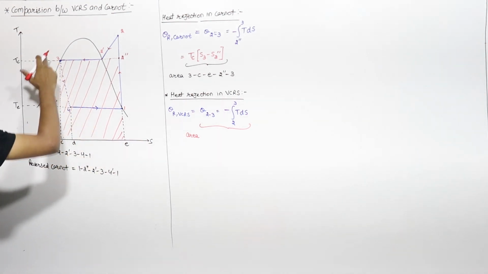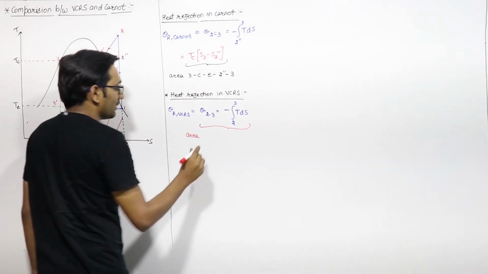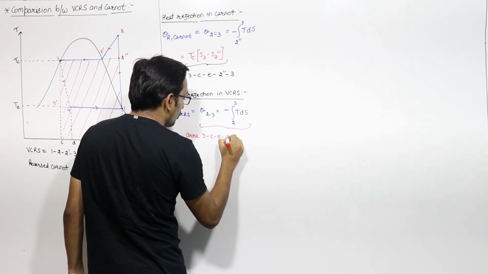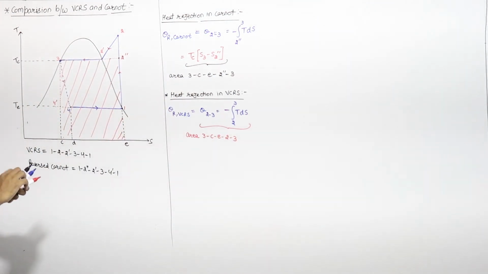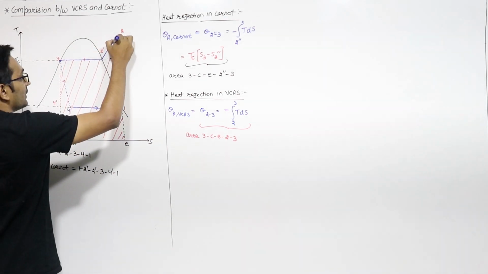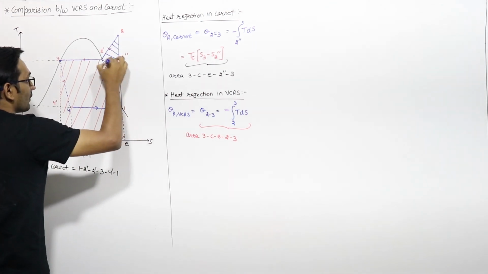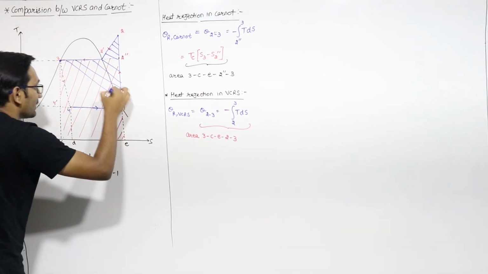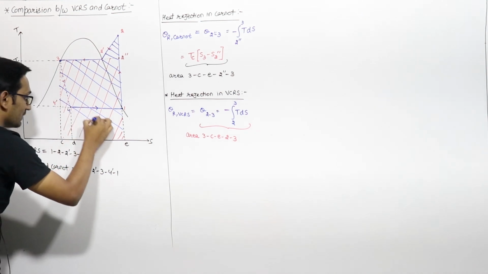So this complete area, 3 C E 2 3, will be the heat rejection in the vapor compression refrigeration system. This blue shaded area is the heat rejection in the standard vapor compression refrigeration system.